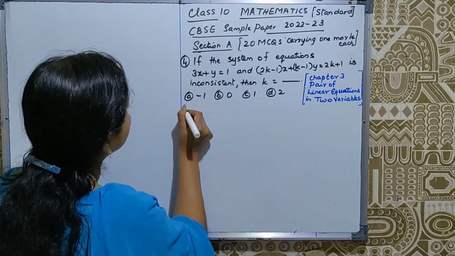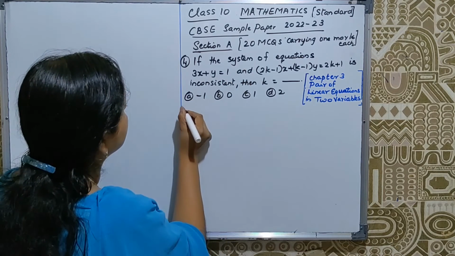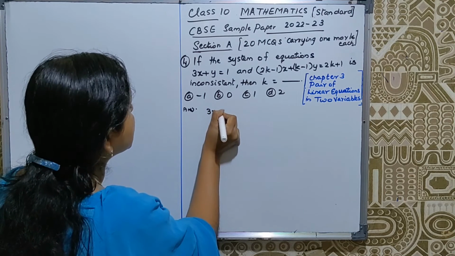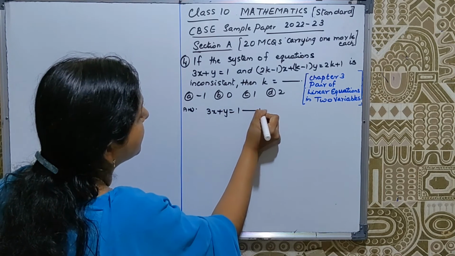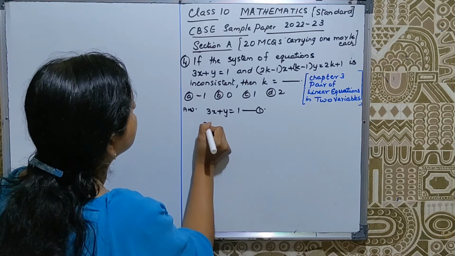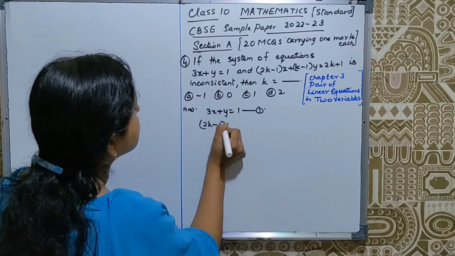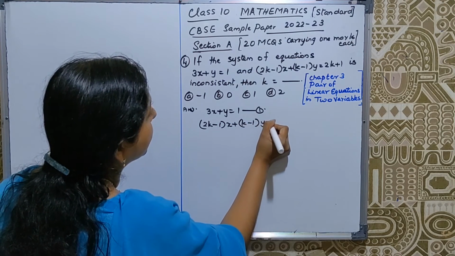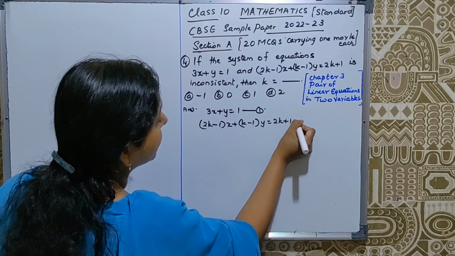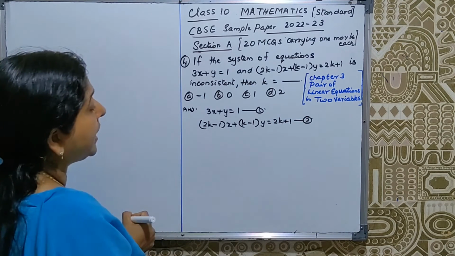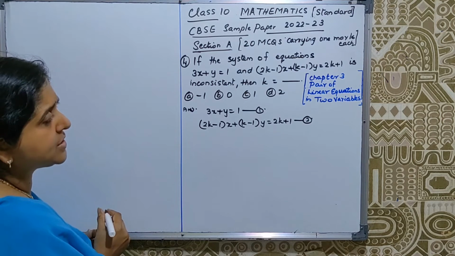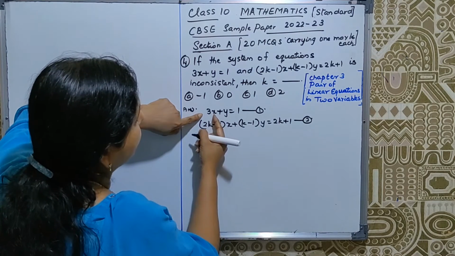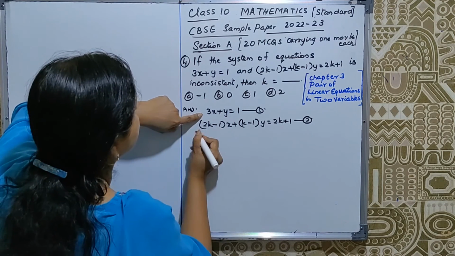Now, in this one, the given equations are, first one 3x plus y equal to 1, equation number 1. Next one, (2k minus 1) into x plus (k minus 1) into y equal to 2k plus 1, equation number 2. Here a, b and c are the coefficients of x, y and the constant. A and b are the coefficients of x and y, and c is the constant.